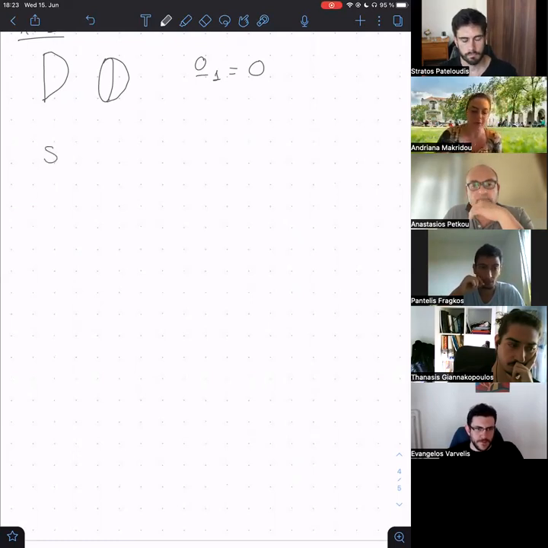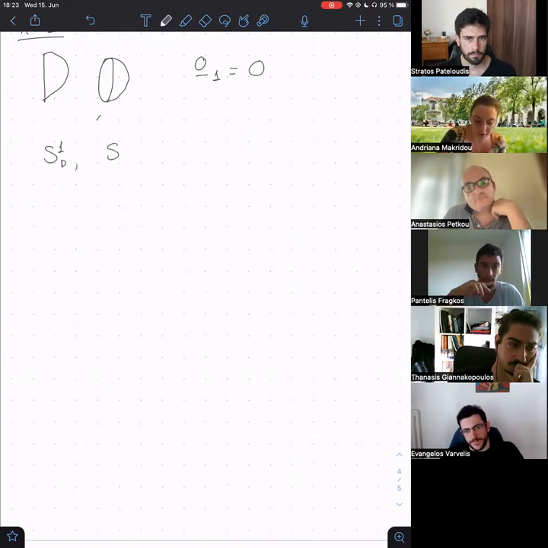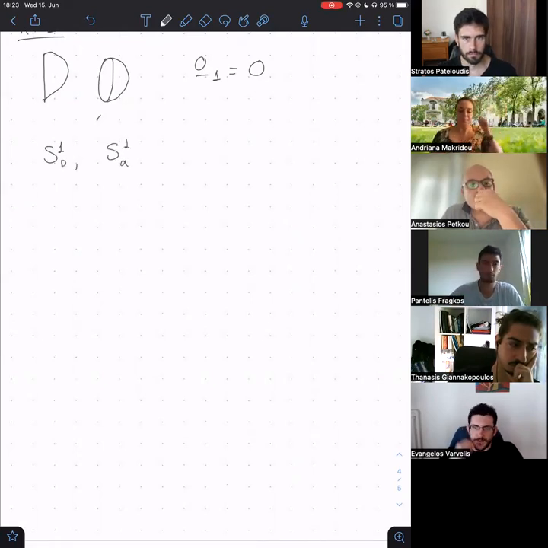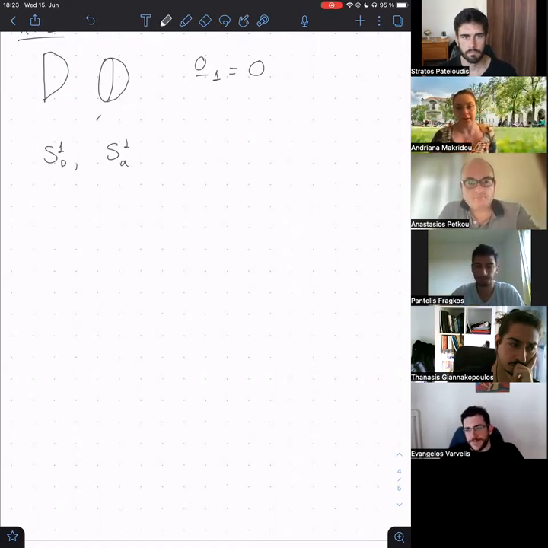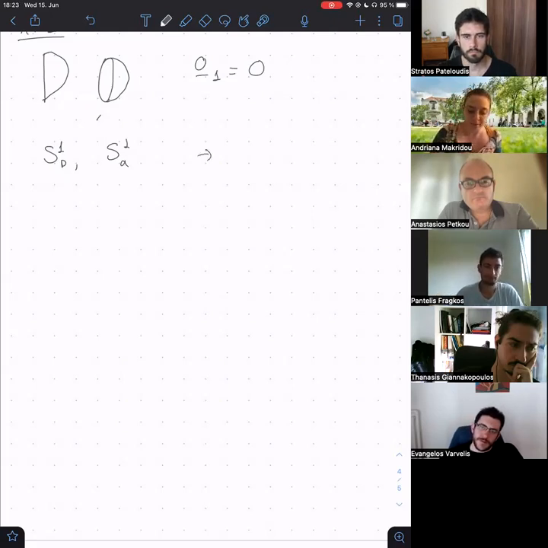So now we don't only have this one circle, but we have S1P and S1A, periodic and anti-periodic. One corresponds to Ramond boundary conditions, and the other Neveu-Schwarz. And it has been shown that only the circle that has the anti-periodic boundary condition is the boundary of the disk.